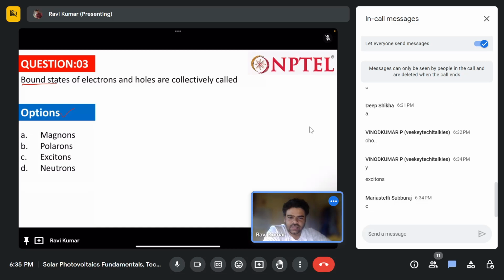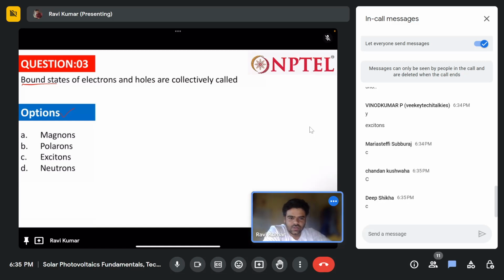Yes, see. Kushwa, Chandan, Subhraj, Deepshika, it is C. Excitons. It is a combination of electron and hole that is known as excitons. Why are we saying excitons? There is a reason. In an inorganic semiconductor, electrons are free to move.